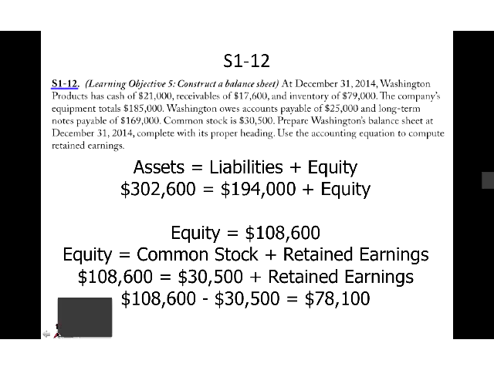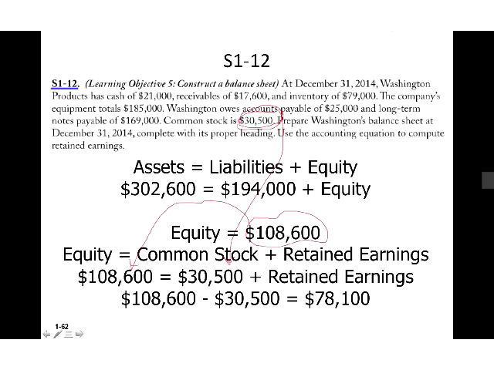My equity is 108,600. I was just given that, so that's my total equity. I know my common stock is 30,500 because I was given it up here in the problem. So I end up with 108,600 equal to 30,500 plus retained earnings.